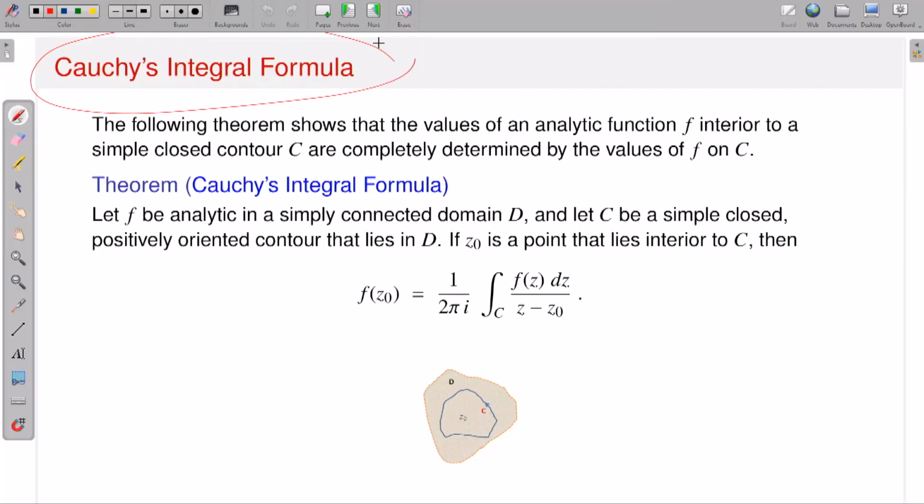So now I come to Cauchy's integral formula. Like Cauchy's theorem or the Cauchy-Goursat theorem, that is also one of the fundamental theorems in complex analysis. So what is Cauchy's integral formula?